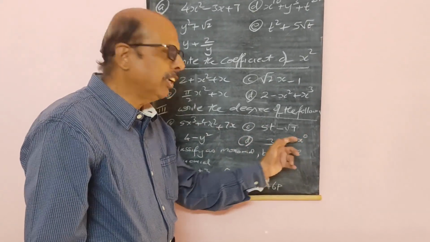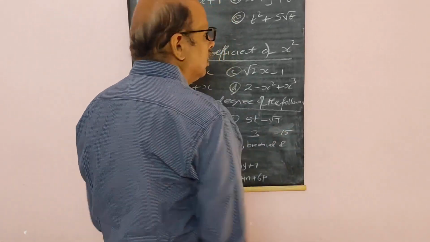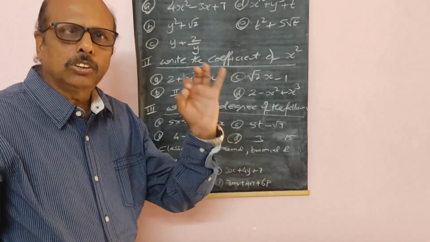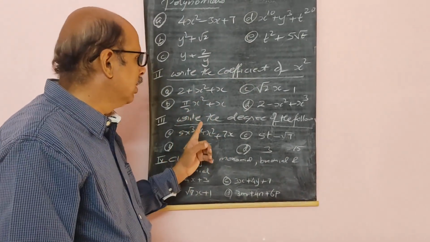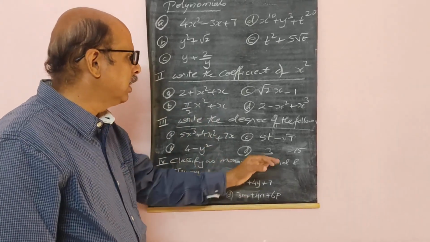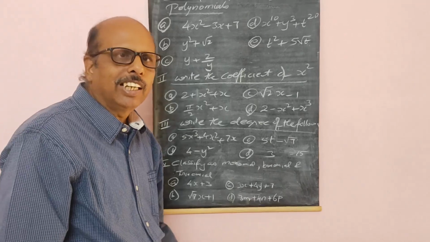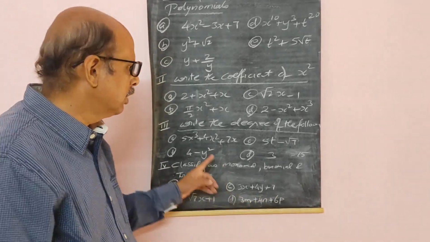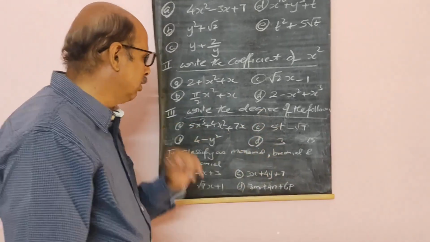Suppose I write any fixed number, what is the degree of 15? The degree of 15 is 0. Clear? The degree is the highest power of the variable. If there is only a pure number, then you write the degree as 0. That is a special case. Every constant number has degree 0.